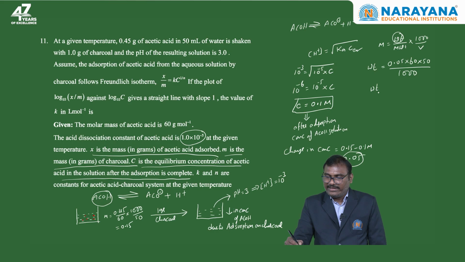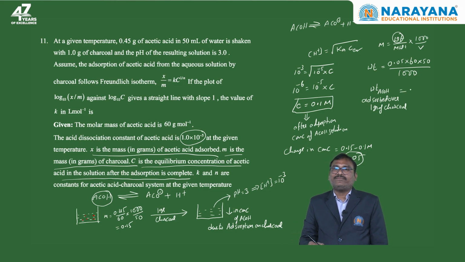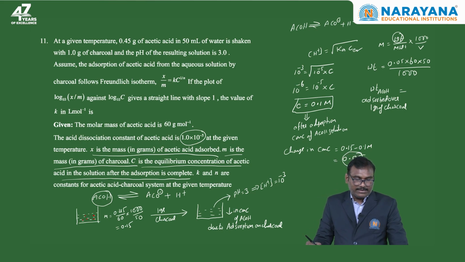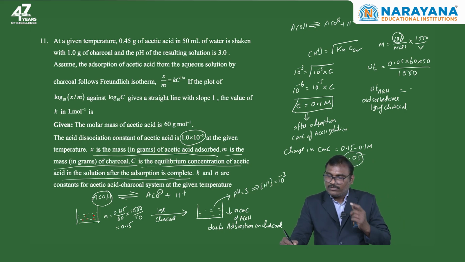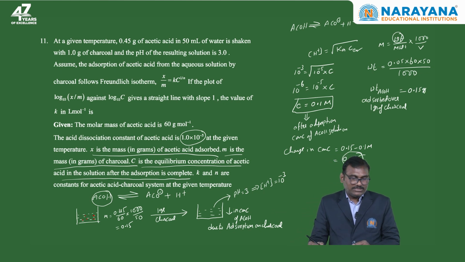This is the weight of acetic acid adsorbed over 1 gram of charcoal, which is equal to 0.15 gram. How much did we get? 0.15 gram.